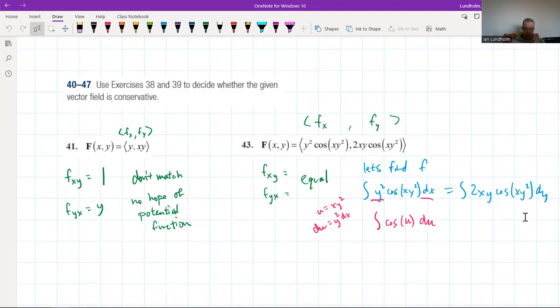For this one, again, I think the same u is in order. Du would be, we're taking the derivative with respect to y, so 2xy dy. That matches up with what's left over here. All of that is a good sign. So on the right-hand side, we're going to have cosine of u du.